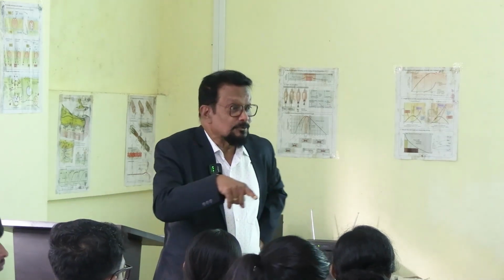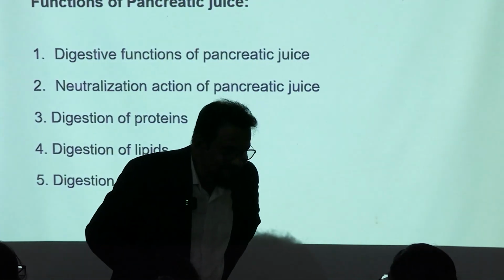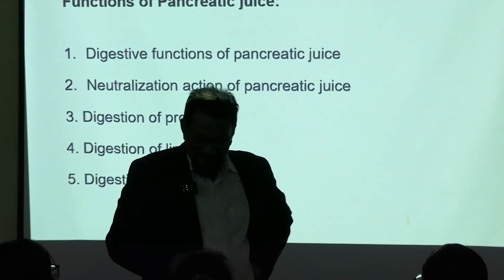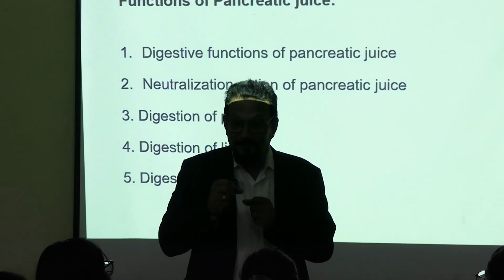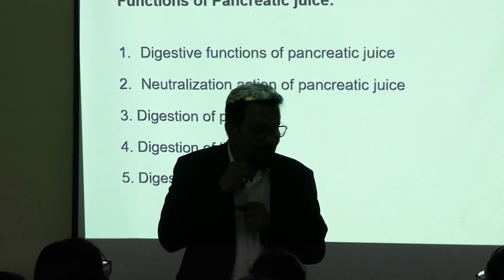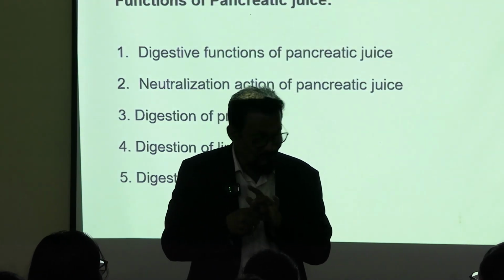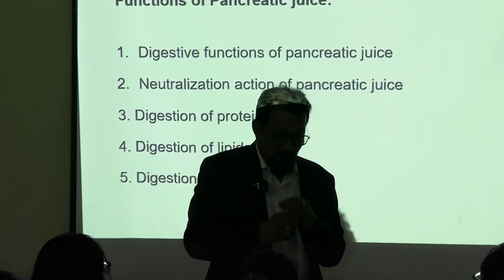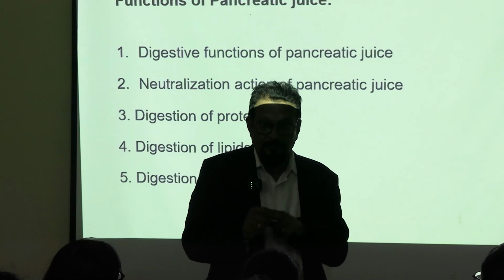And if I use fat, there will be ketosis, increased production of ketone bodies, and these are harmful for the body, so we try to eliminate them. My urine will have a smell because of acetone. If you get this smell, or in biochemistry, you will perform a test for acetone.